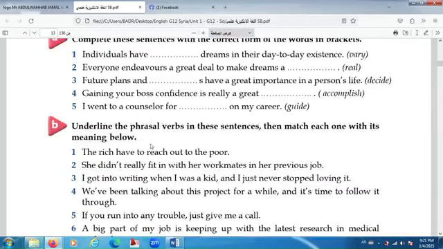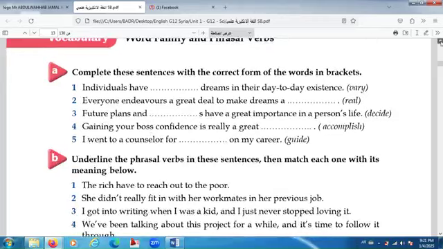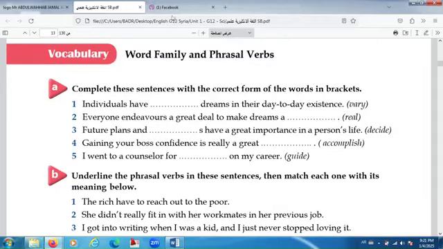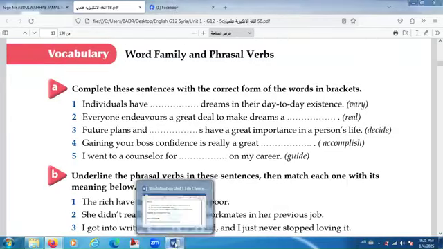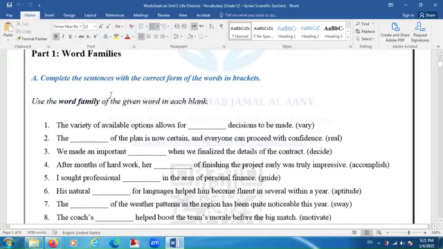Now let's move to those activities which I extracted. Part 1, word families. Complete these sentences with the correct form of the words in brackets. I gave you the base word, and I will ask you to derive a word family from the base word or from the root word.